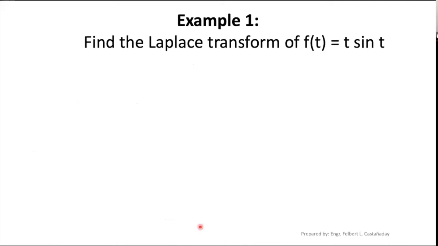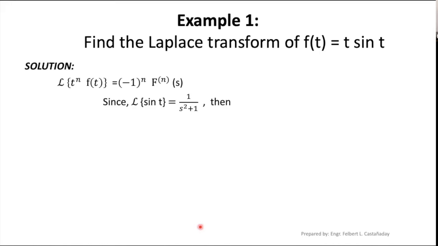Okay, let's solve. Let's apply now the theorem. Find the Laplace transform of f of t equals t times sine of t. If it is just sine of t, we will just have to use the formula directly, which is b over s squared plus b squared.